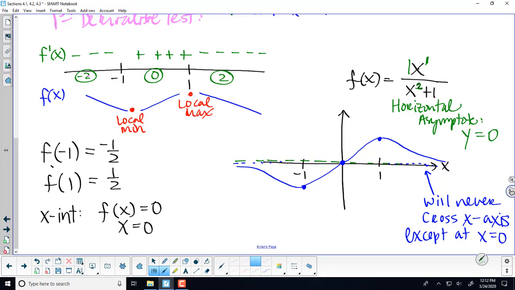So we're saying that basically my graph will not cross my end behavior. It won't cross far to the left and far to the right. So I can tell from the graph that this is also a global max. And this is a global min, which we looked at in one of our examples at the beginning of section 4.3. Done.